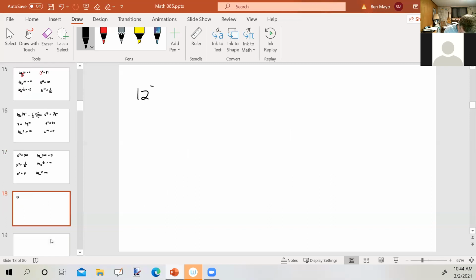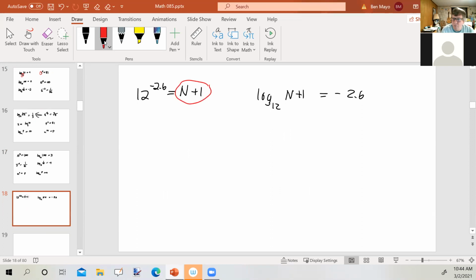12 to the -2.6 power equals n plus 1. So this would be log base 12 of n plus 1 equals -2.6. But in the exponential equation form, because n plus 1 is all on one side of the equation, it's kind of grouped.